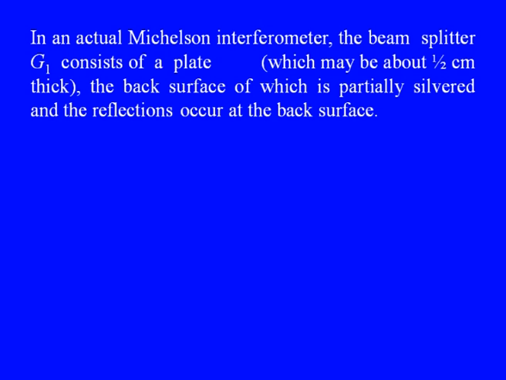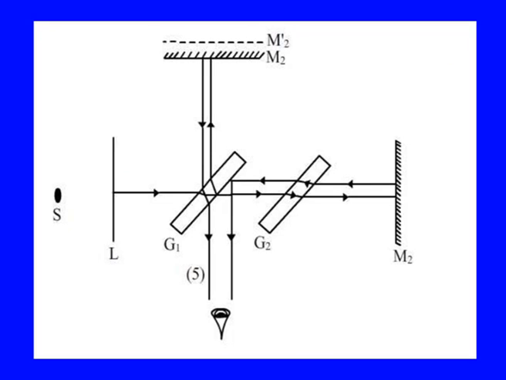The back surface of which is partially silvered, such that 50% light goes through, 50% is reflected, and these reflections occur at the back surface. This is the picture in an actual Michelson's interferometer. The beam splitter G1 is a plate of about half a centimeter thick.